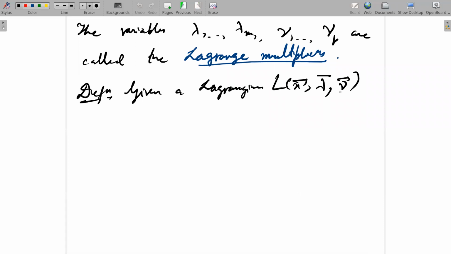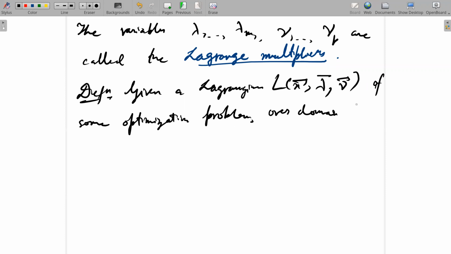So given a Lagrangian L(x, lambda, nu) of some optimization problem, you can define something known as the dual. Over, let's say, domain D, the Lagrangian dual is the following function.